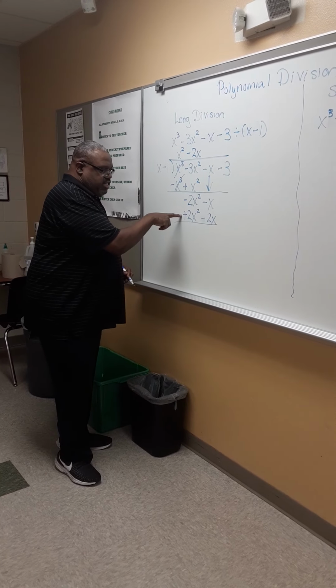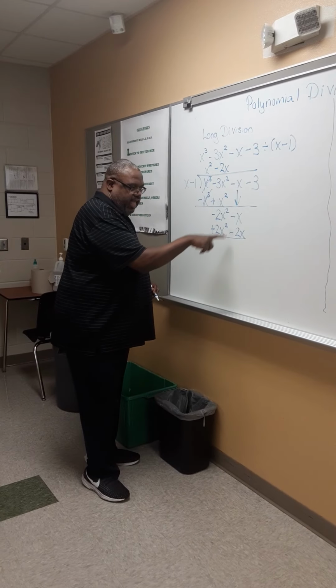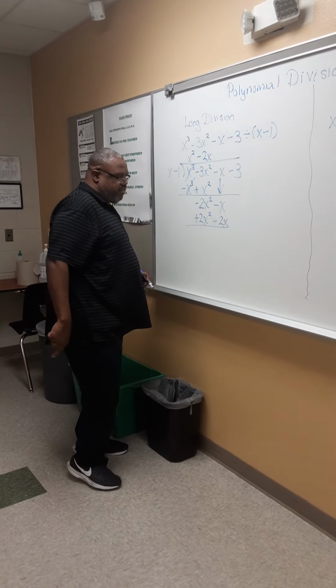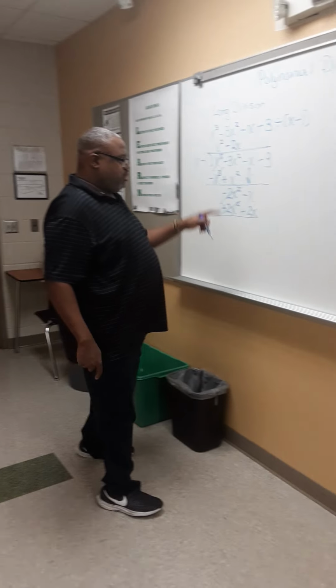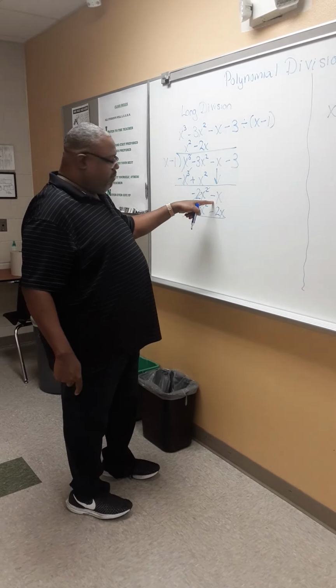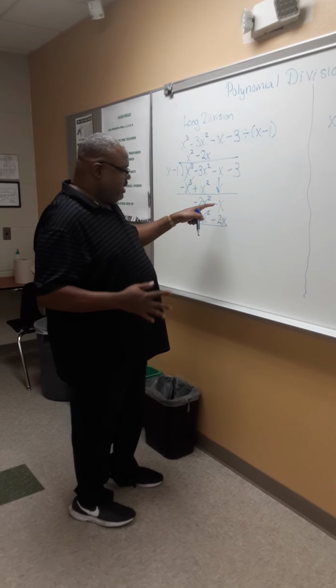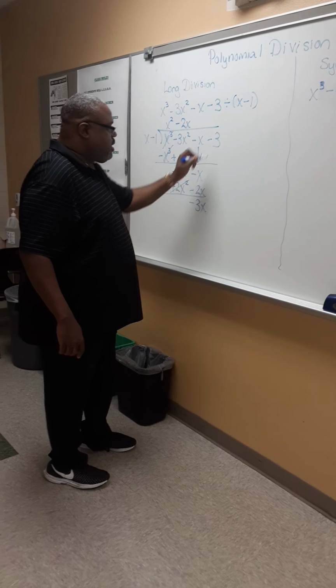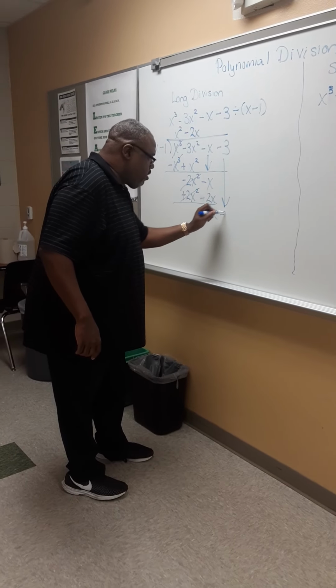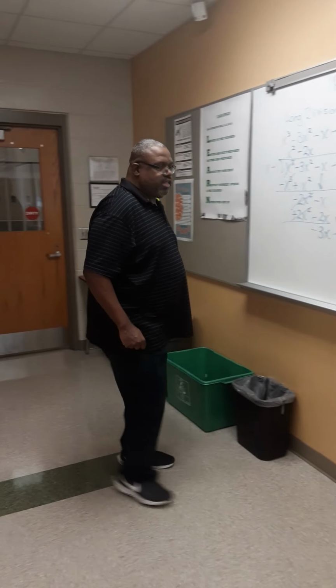So this negative turns to a positive, and this positive changes to a negative. And so we subtract. The 2x squareds cancel out. So negative x minus 2x is negative 3x. And we bring down the next term, which is minus 3.